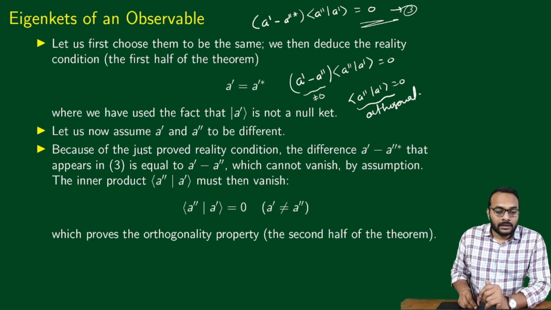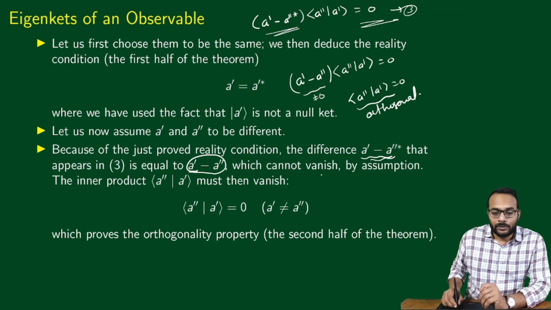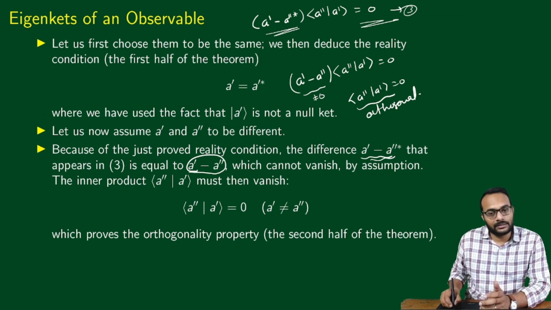Because of the just proved reality condition, the difference A prime minus A double prime star that appears in this equation is equal to A prime minus A double prime. I'm just repeating what I did here, which cannot vanish by assumption. What was the assumption? The assumption that we are talking about different eigenvalues. So this cannot vanish.